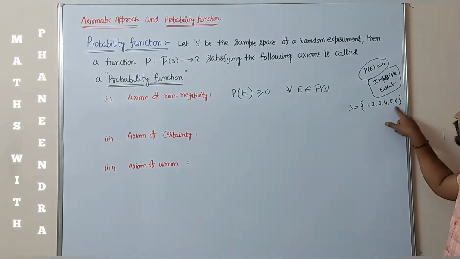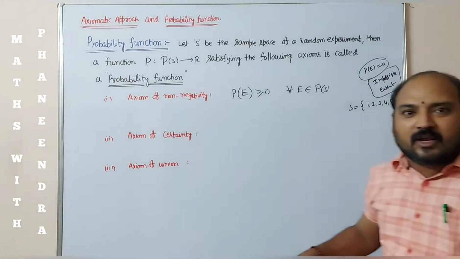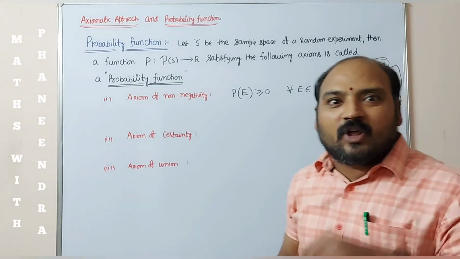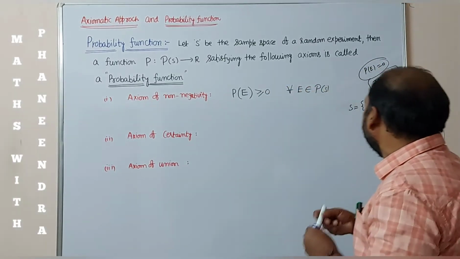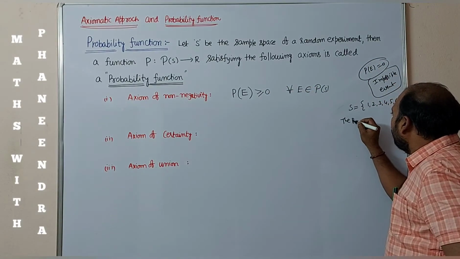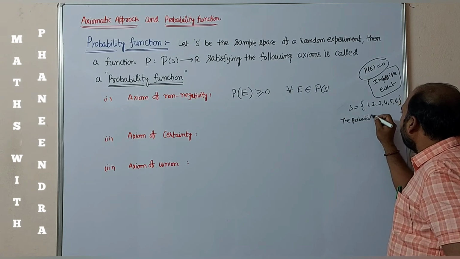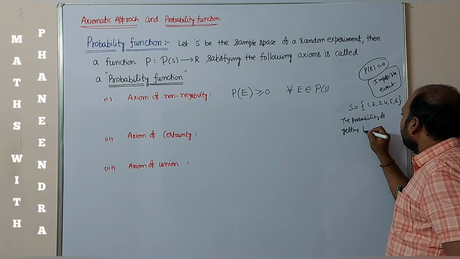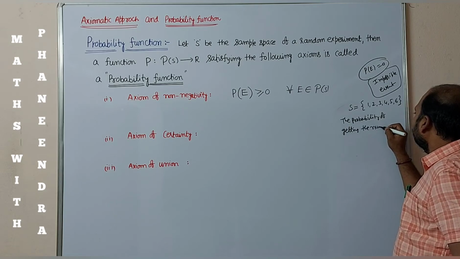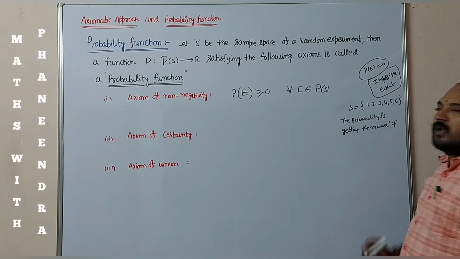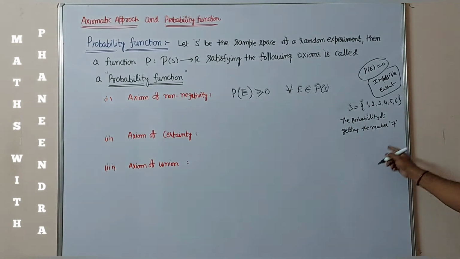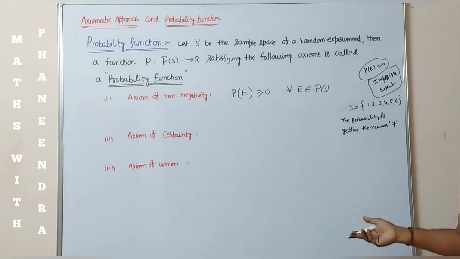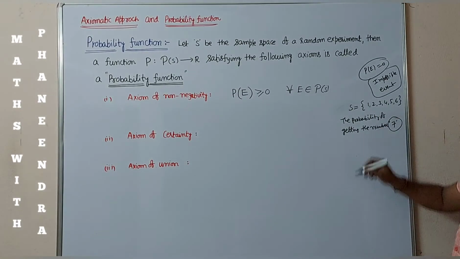If you throw a die, there are only 6 possible numbers. How would you get the number 7?